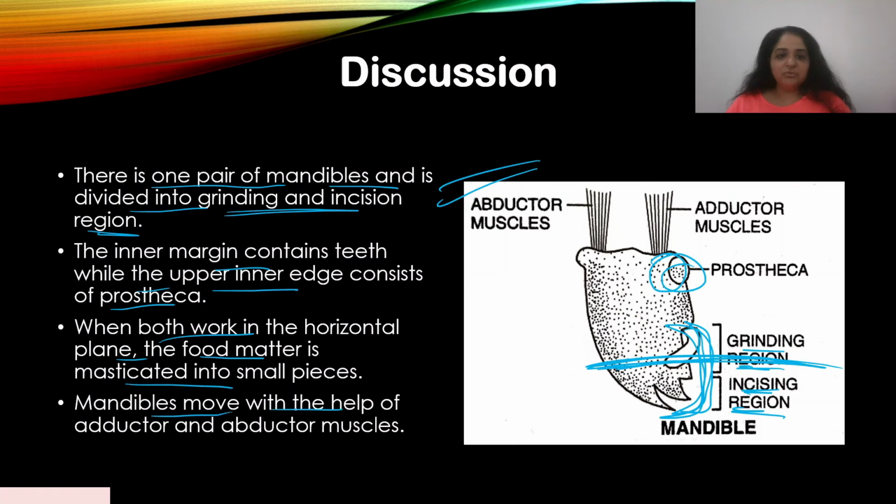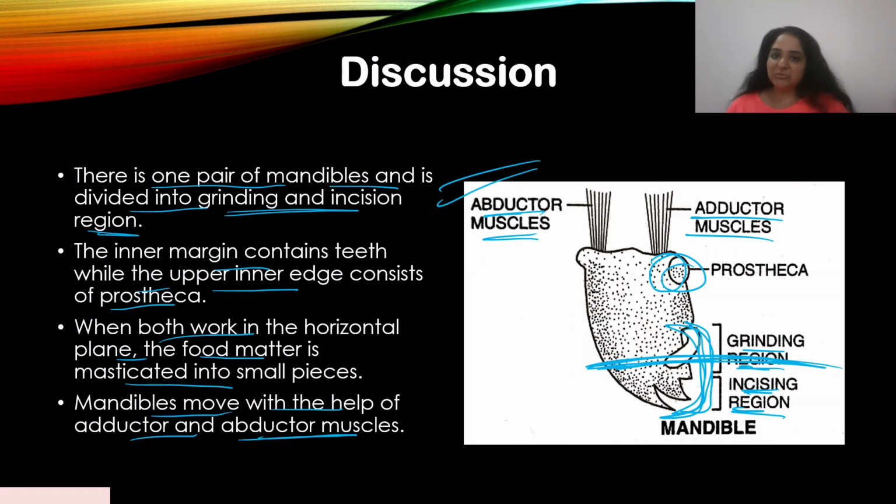Now mandibles move with the help of adductor and abductor muscles. You see these abductor muscles, and you have adductor muscles. Both these muscles help in the grinding of food. That's pretty much what a mandible does, what it looks like and how it is designed.